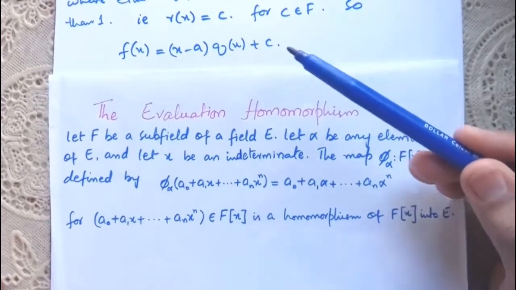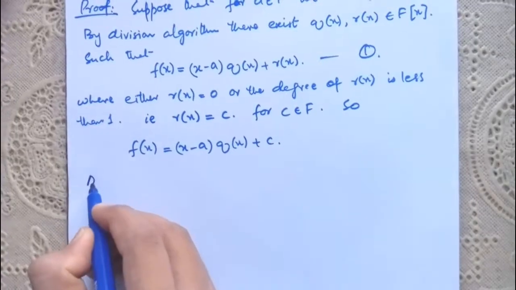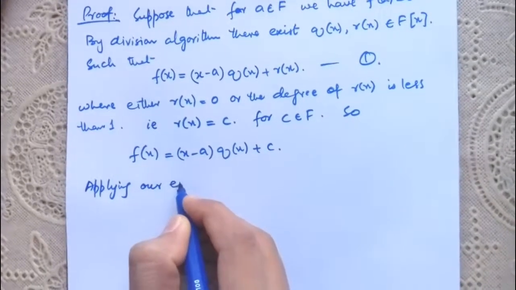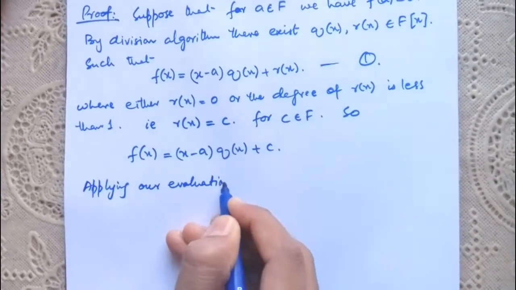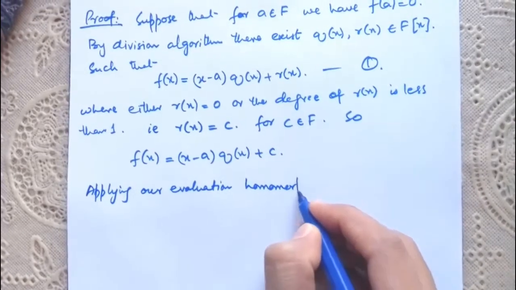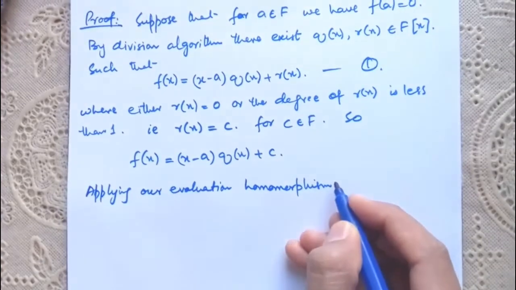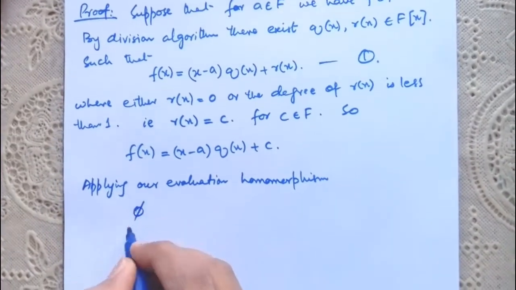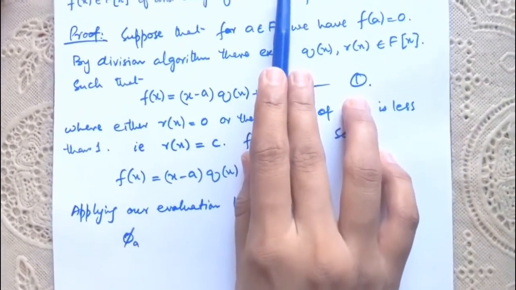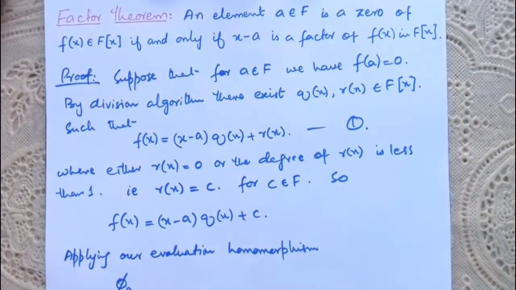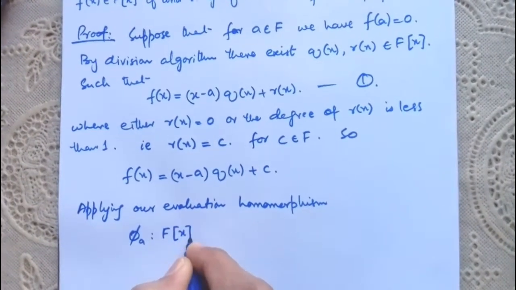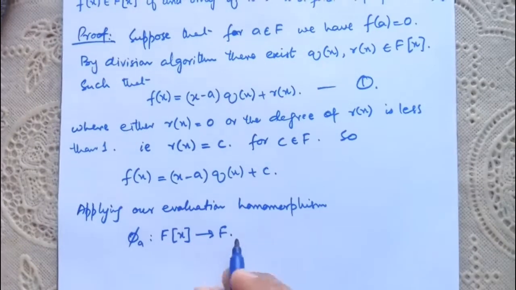So let us apply this evaluation homomorphism into our theorem, the factor theorem. So applying our evaluation homomorphism, that is phi of a, because we have a in place of alpha, so phi of a from F[x] to F, right.